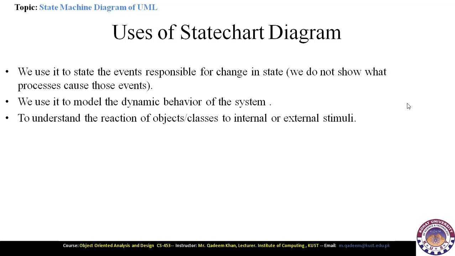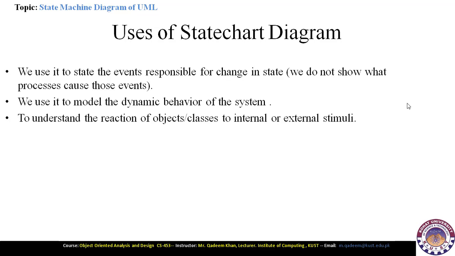The internal stimuli are those events which rise inside of the software. For example, if a timer is executing and after 5 seconds certain events arise, then this is the internal stimuli. While the external stimuli is the event which occurs external to the software or a product.